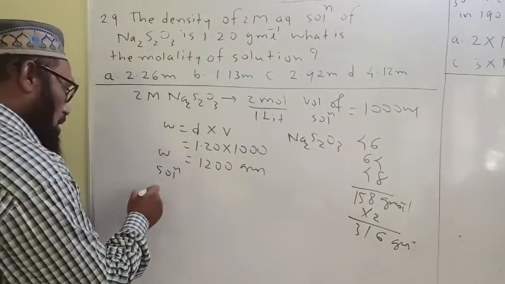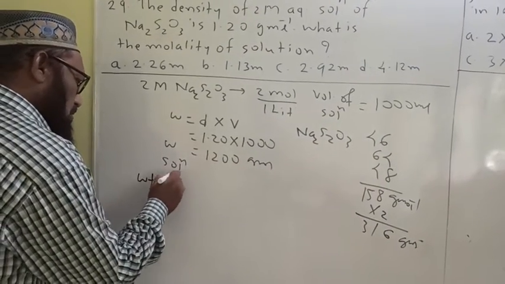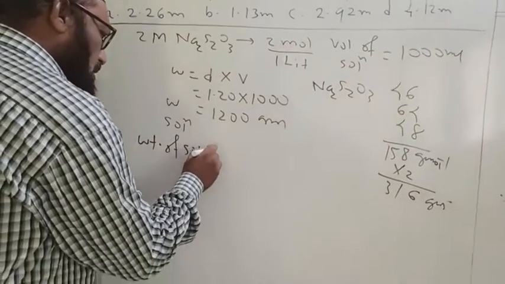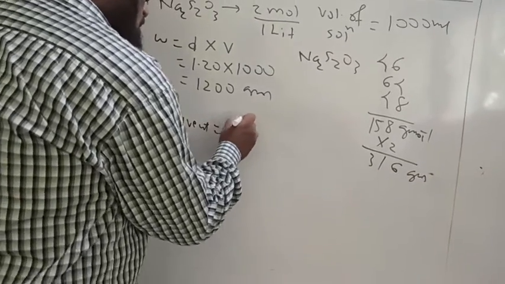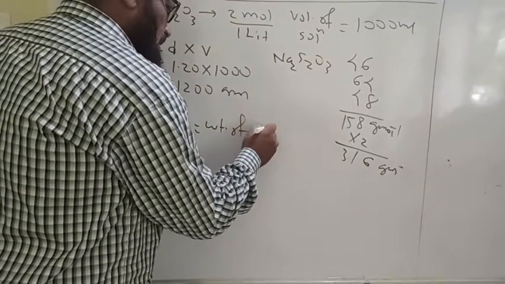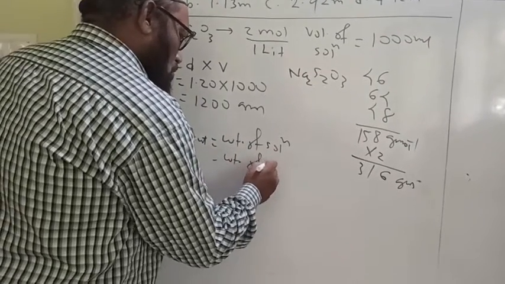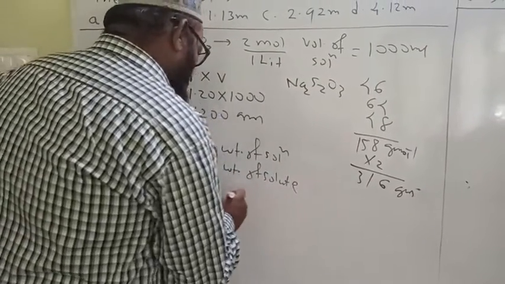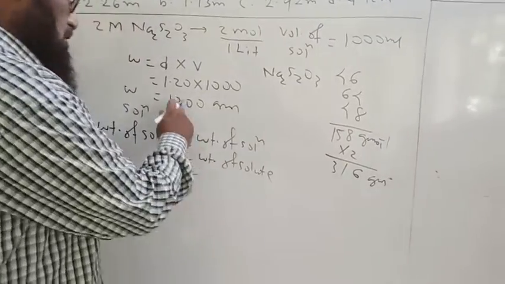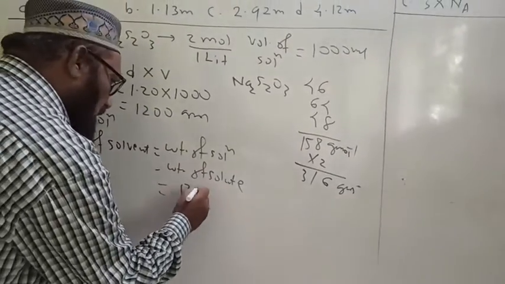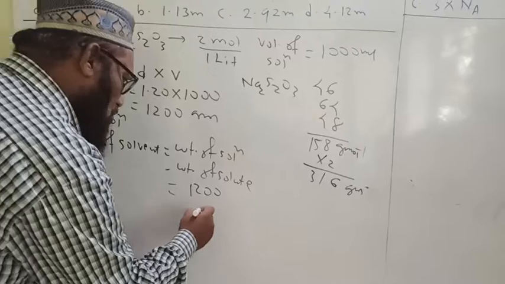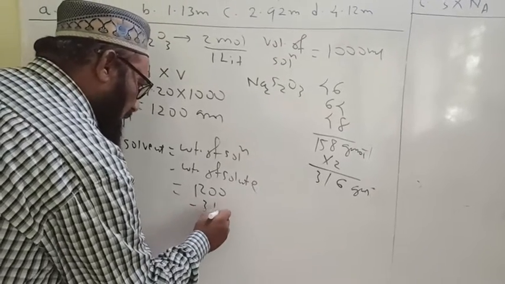Then what is the weight of the solvent? Water. Weight of solvent is equal to weight of solution minus weight of solute. What is the weight of the solution? Total weight 1200. Weight of the solute 316.